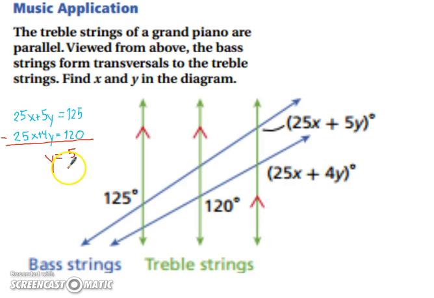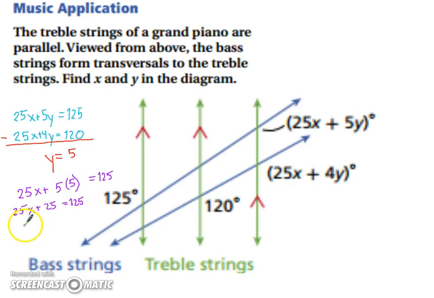We still haven't figured out what x is. To figure out what x is, we're just going to plug our value of y back in. So 25x plus 5, substituting our 5 in for y, equals 125. Now we can simplify. So we have 25x plus 25 equals 125.